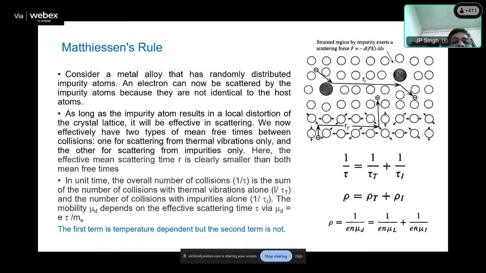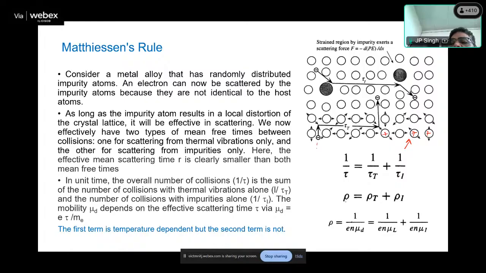Now we'll discuss another very interesting fact, that is Matthiessen's rule, because resistivity has two parts. The ions are vibrating, which you can see here. These are all positive ion cores vibrating in random directions because of thermal energy.